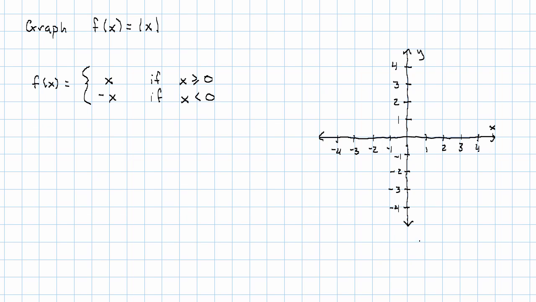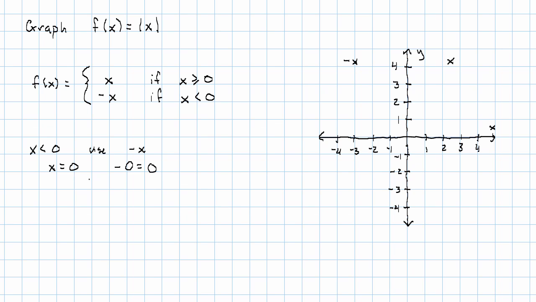Here, the y-axis is where we split our graph in half. To the left of the y-axis, we're going to be graphing negative x, and to the right, we're just going to be graphing x. So, at x is less than 0, we're going to use negative x.